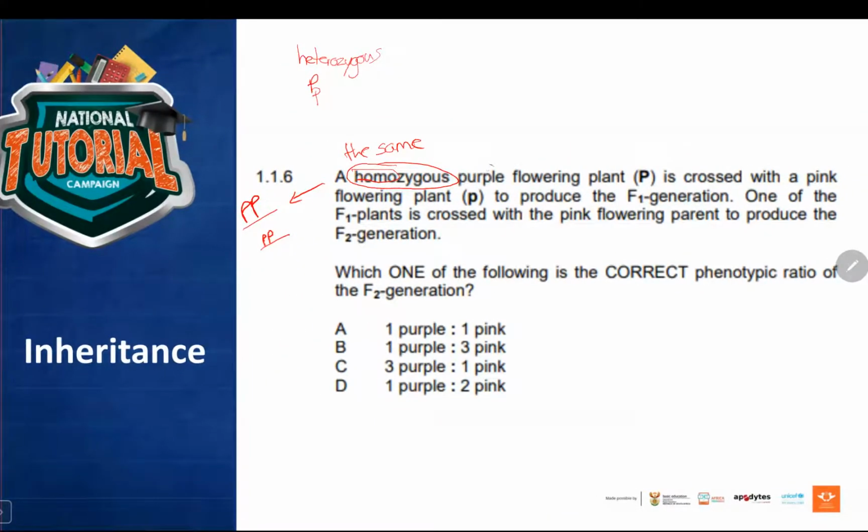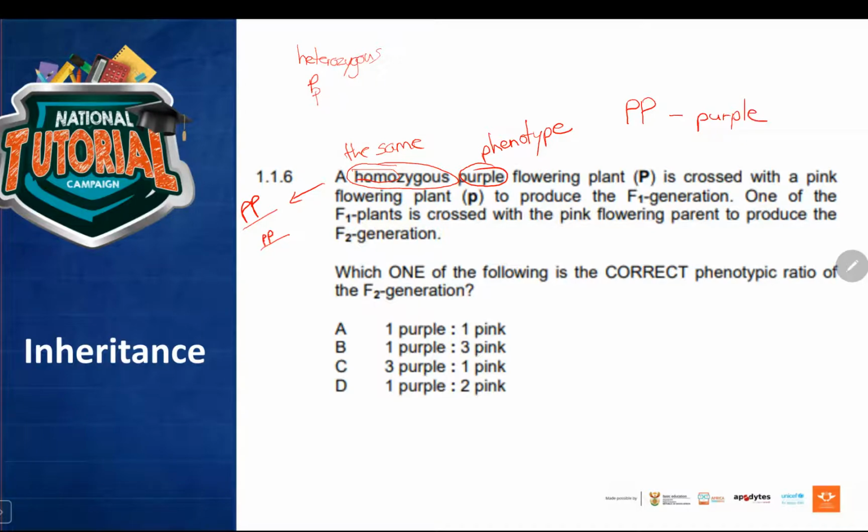They're telling us it is purple. That means they are telling us the phenotype. Think phenotype is physical. They're telling us the appearance or whatever is expressed physically. So if it is capital P, they are telling us it is purple.